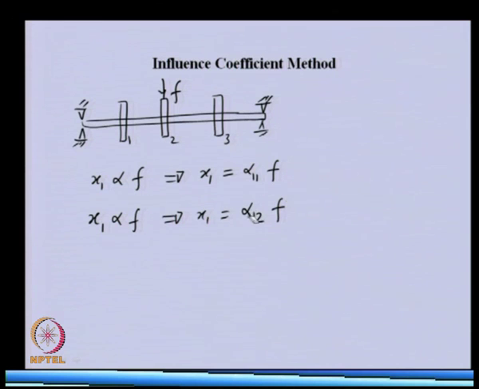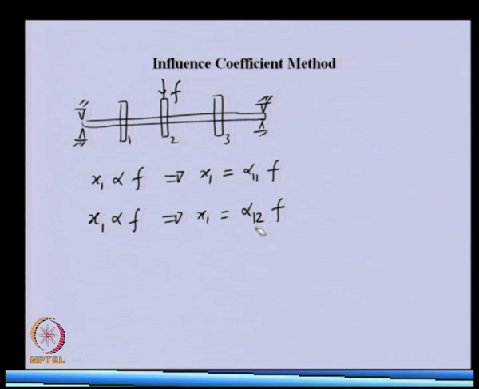So, this particular alpha 12, which is a constant, is representing that the first subscript 1 is giving us the displacement location, and the second subscript is representing the force location. So, you can see we are applying the force at second, and we are seeing the displacement due to that at disc 1.